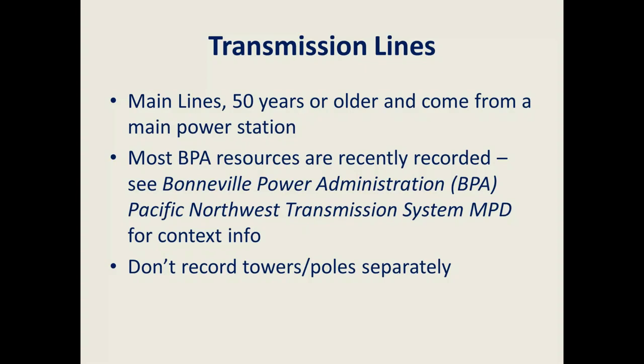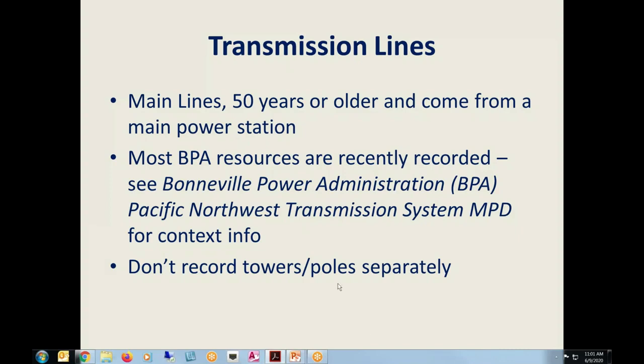You can do a search in Wizard for BPA or Bonneville Power Administration in the name. They're all named with the Bonneville Power Administration transmission, and you can find them easily that way. Again, no need to record the power poles separately, unless they're some sort of very significant power poles. Okay.